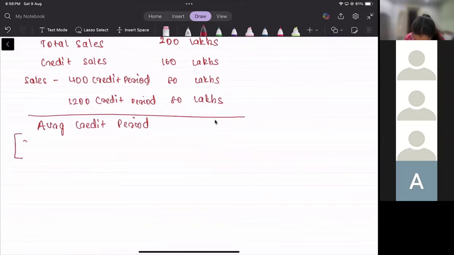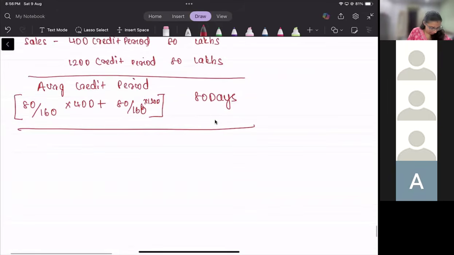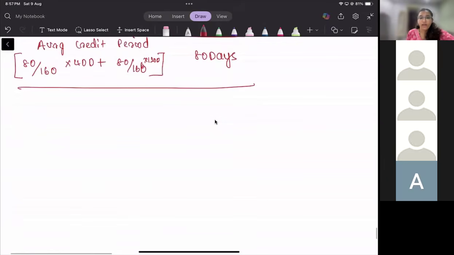So how will we find out? 80 lakh by 160 into 40 days plus 80 lakh by 160 into 120 days. Once you solve, you will get it as 80 days. This is my average credit period. Why are we finding the average credit period? To find our average receivables. What will be my average receivables?